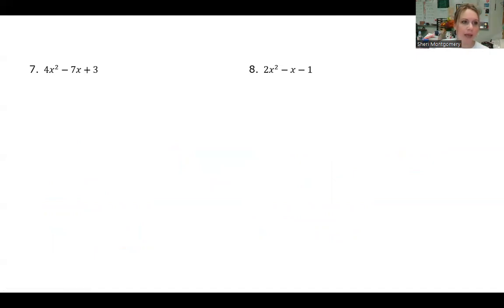We've got to multiply, and we've got 4 times 3. We've got 12. So we're going to look for factors of 12. 1 and 12, 2 and 6, 3 and 4. So here's the thing, with these, you have to be a little bit more mindful about the signs.